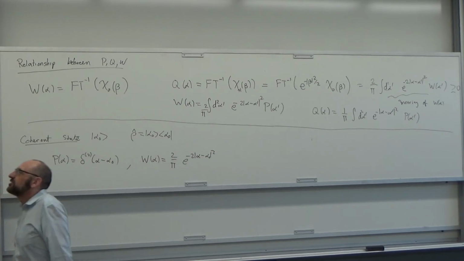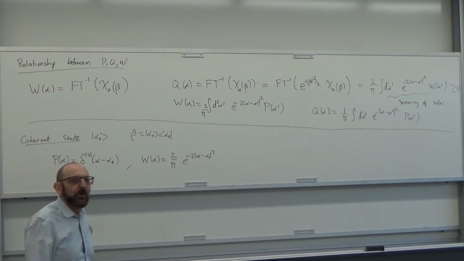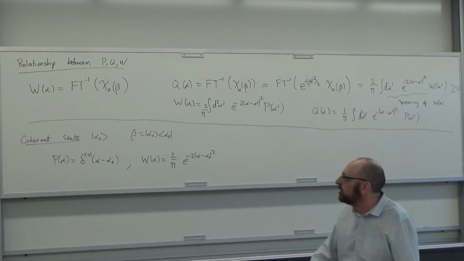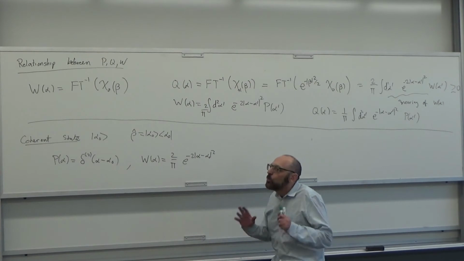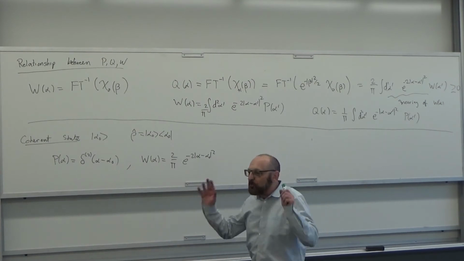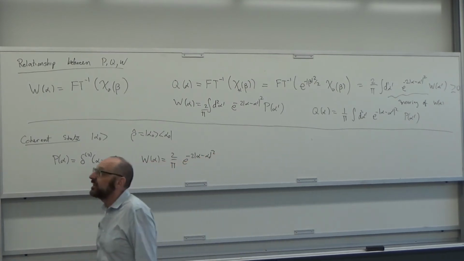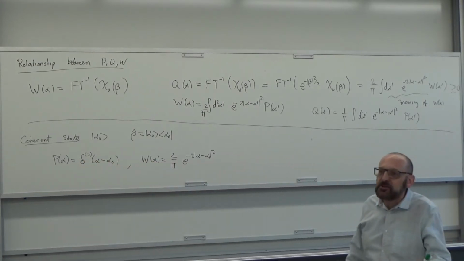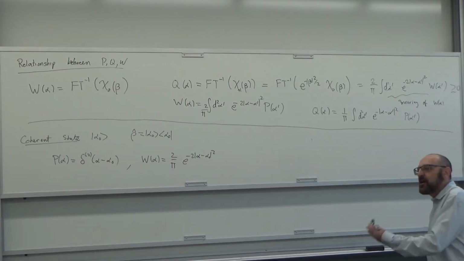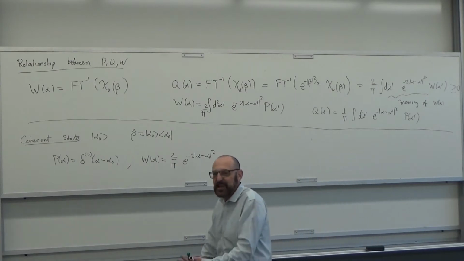But on a desert island, you would certainly remember the general formula for how you calculate quasi-probability distributions. What would you do, almost always, especially for Gaussian-like states? You calculate the characteristic function first, because you can do that, and then you can use the way in which you know how to take Fourier transforms of Gaussians.